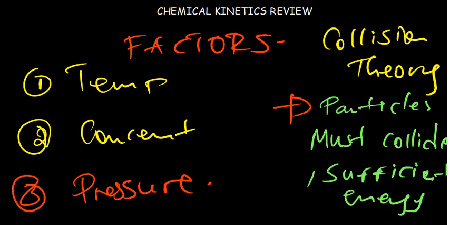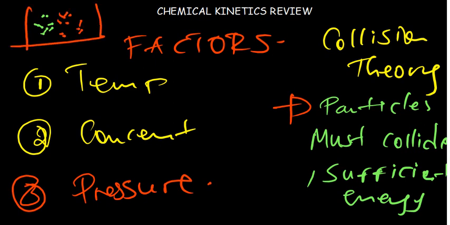Okay. So that's why if you look at the concentration, you look at the pressure, we're going to be thinking about them in a way that there are going to be more collisions. So for example, if we have 1 molar concentration of A and 1 molar concentration of another reactant, think of this as a container.